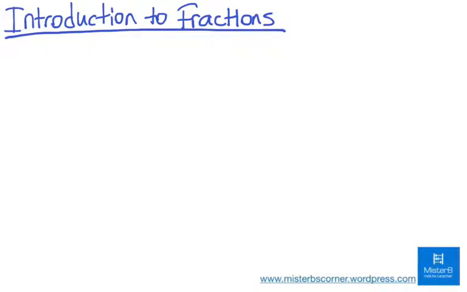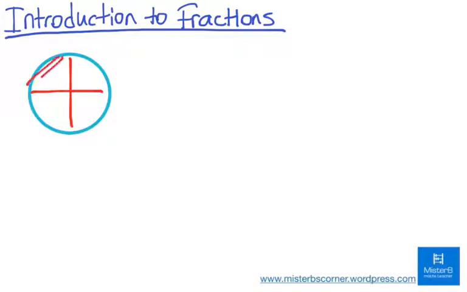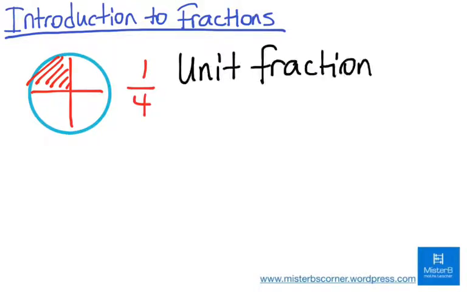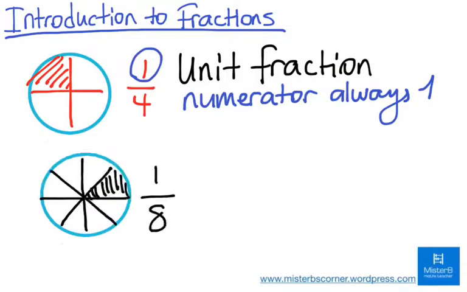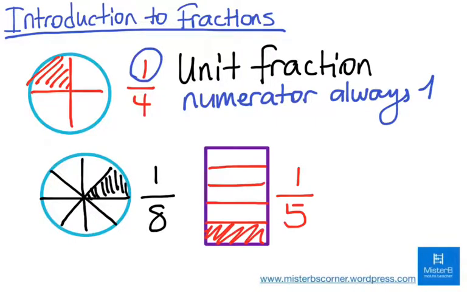So we have, let's say, 1/4. So I can write this as 1/4. This is called a unit fraction, where the numerator is always 1. For example, 1/8 or 1/5. So the denominator may be different, but the numerator is always 1.